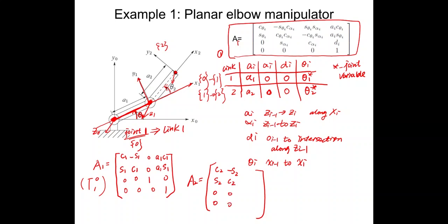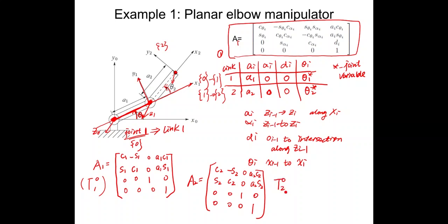And sine alpha 2 is also 0, so I have 0, 0, and cosine 0 is 1, and I have 0. And this is A2 cosine theta 2 and A2 sine theta 2, and 0, 1.